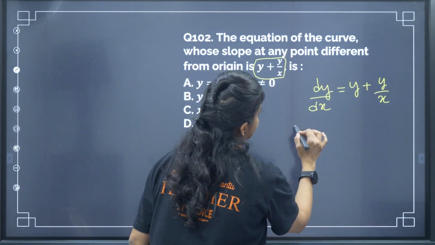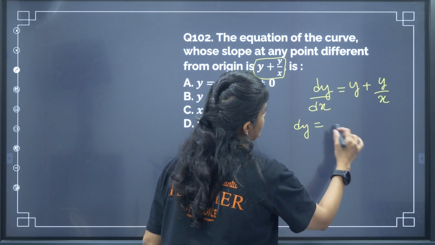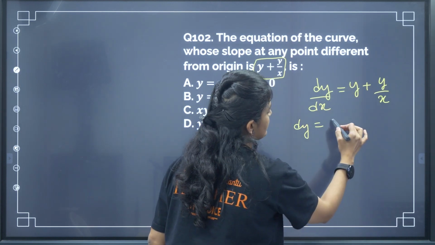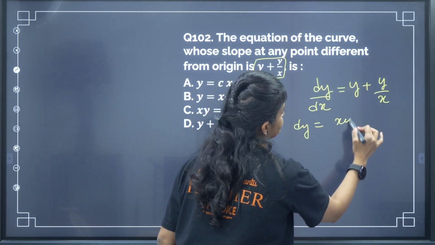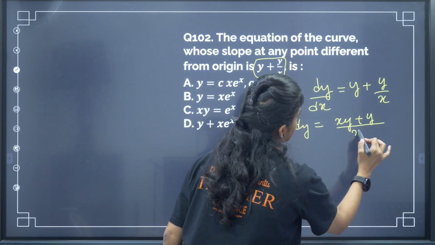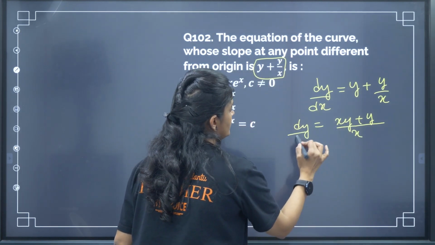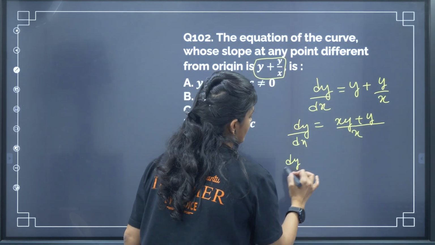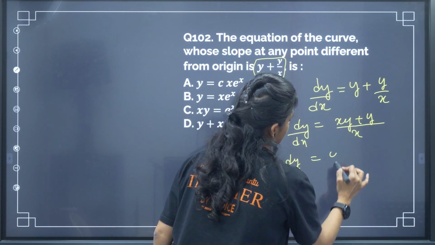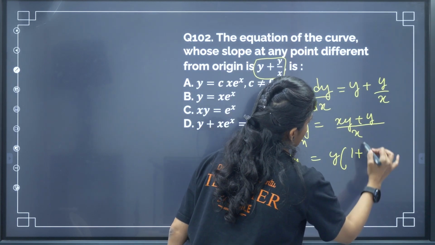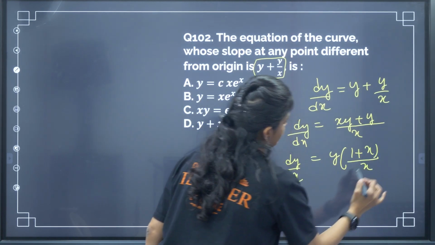Okay, before that you separate the variables and integrate. I'll take y common on this side, and it will be 1 plus x divided by x.